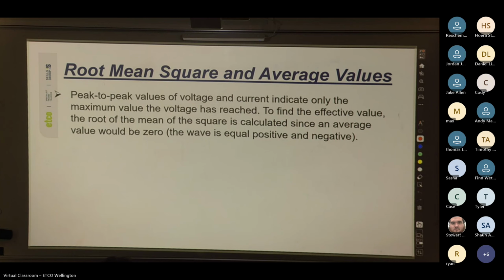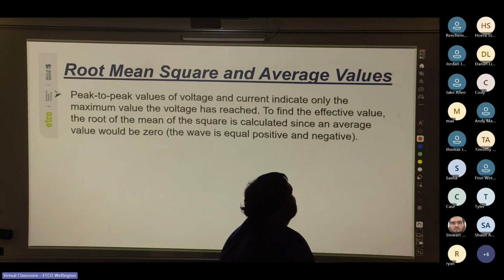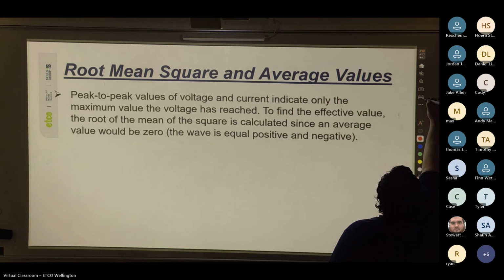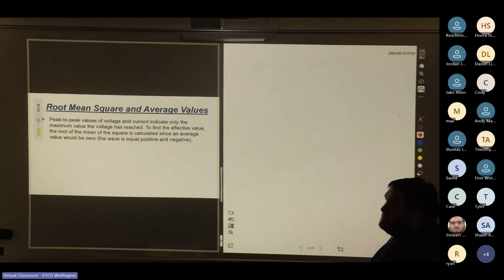So what do you guys think root mean square means? Means maths. Yes. Cool. So what it means?